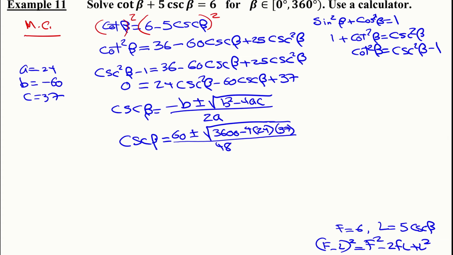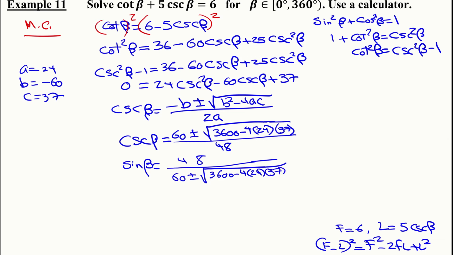So let's go ahead and write that as sine beta, and we end up with sine beta is basically the reciprocal of that. So we get 48 over 60 plus or minus the square root of 3600 minus 4 times 24 times 37.